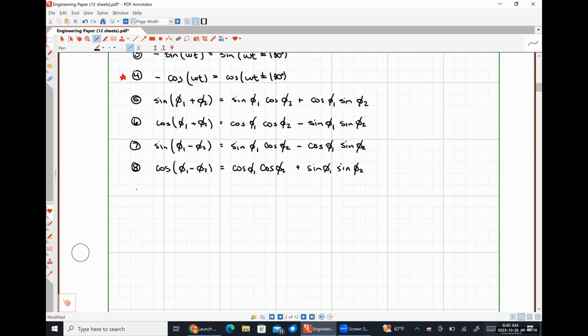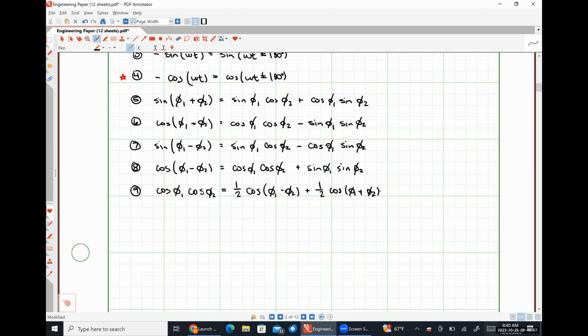Another couple of useful trig identities that you are going to see in this class. Cosine of angle 1 times cosine of angle 2, and I've actually shown you this particular trig identity before, is equal to 1/2 cosine of angle 1 minus angle 2 plus 1/2 cosine of angle 1 plus angle 2.